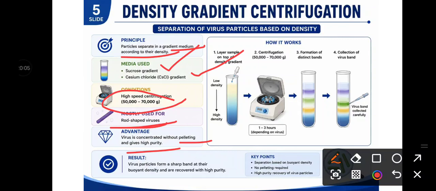After the partial purification, the clarified sample will be subjected to high speed centrifugation of 50 to 70,000. Then we get distinct bands and the virus will be collected carefully. So two gradients we have used here: sucrose as well as cesium chloride.